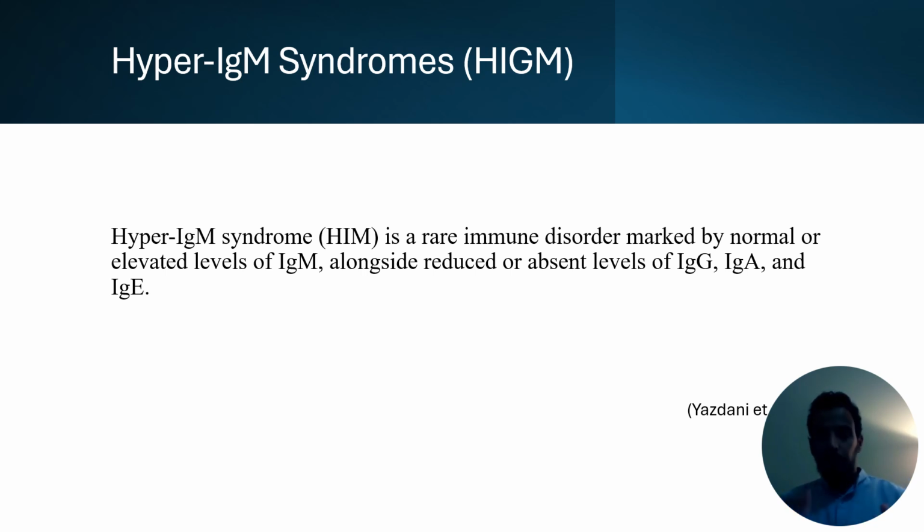Specifically, they exhibit normal or elevated IgM alongside reduced amounts of IgG, IgA, as well as IgE. As we know, IgG is the most abundant antibody in the bloodstream, IgA is very important for mucosal immunity, and IgE is important for parasitic infections.